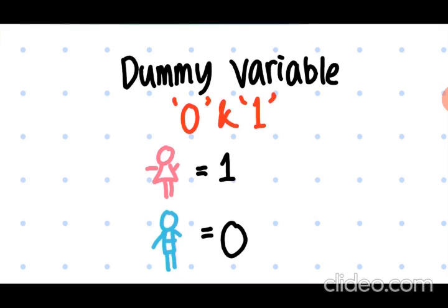An example of a dummy variable is gender, male and female. So we can translate that classification of gender, for example, female 1 and male 0.